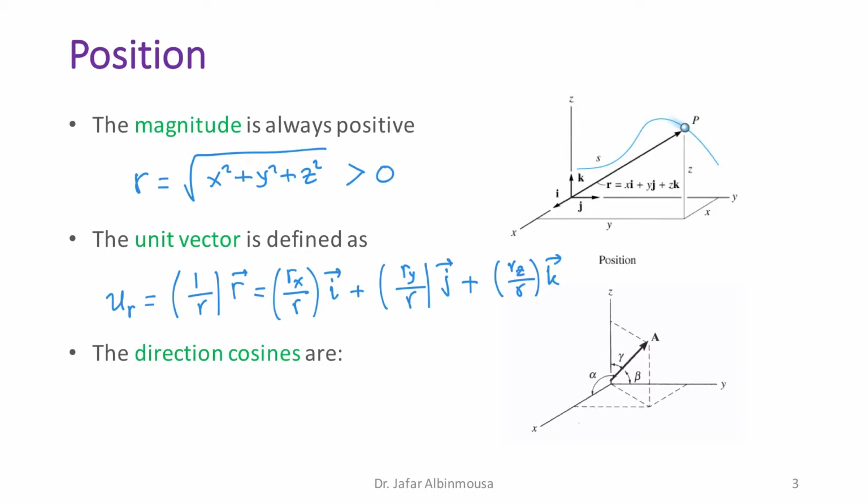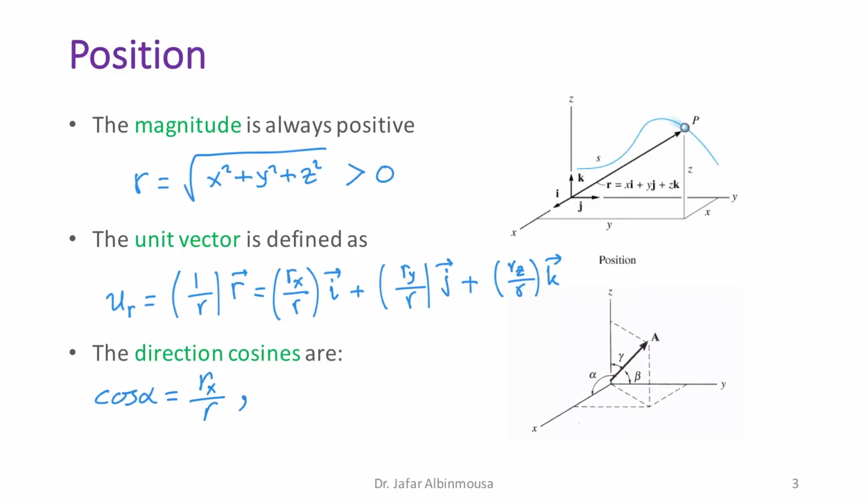Now, in order to determine the direction of the position vector, which is represented over here in this schematic, we have the direction cosines, as we call them. These are the angle alpha, which is mathematically represented by cosine alpha, equal to r_x divided by r.